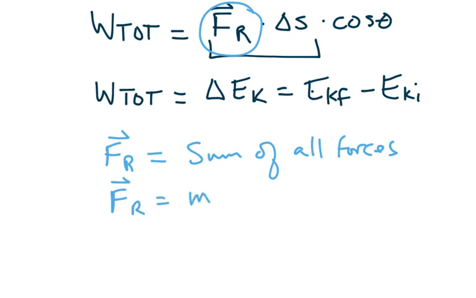That's that it's also equal to the mass of the object times its acceleration. So this is just another example of having more than one way to solve for a variable. And we're going to look at how we go from this right here to this, and how that actually happens.